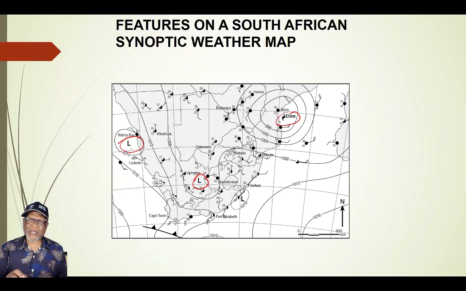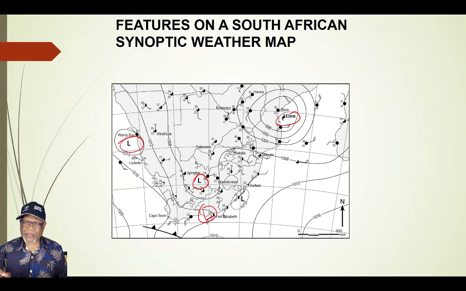It develops on the west in summer and moves towards the east along the coast in winter. So when you see the coastal low being further west, you must know that the season is summer. And when you see it further away towards the east, then you know the season is winter.